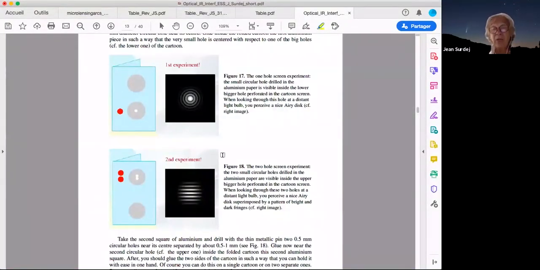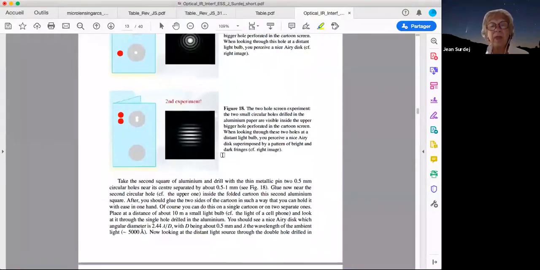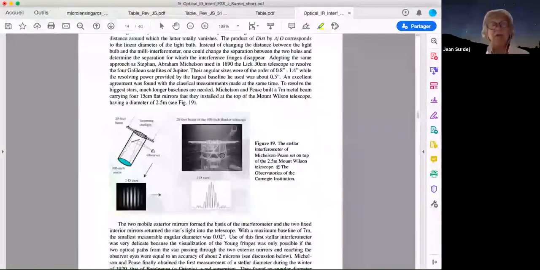Then another photograph showing us the shape of the holes. You may use your cell phone to make a photograph and magnify the image a little bit. And then, if you can, try to take a photograph of the fringes and send it to us. We'll take all of that into account when evaluating your involvement.